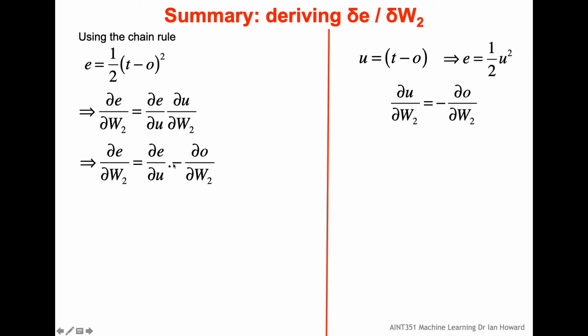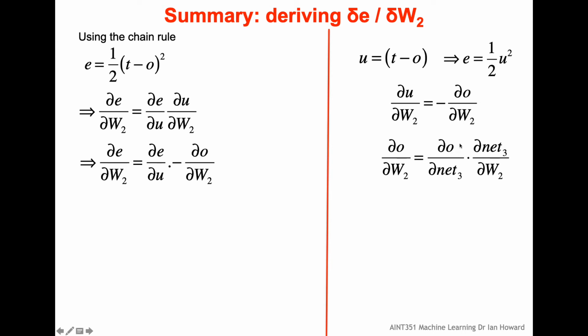So basically we can put that first part of the chain rule into the expression that we have here for dE/dW2, and now we've got the terms dE/du, dO/dW2 in there. Now dO/dW2, basically that's how the output changes with respect to W2, and we know that this goes via a linear combination of the inputs to that stage, and then it goes through a sigmoid to get to the output.